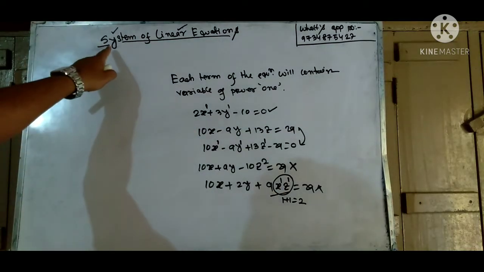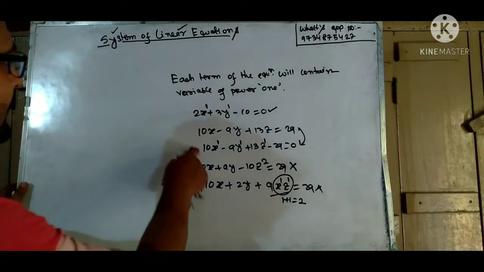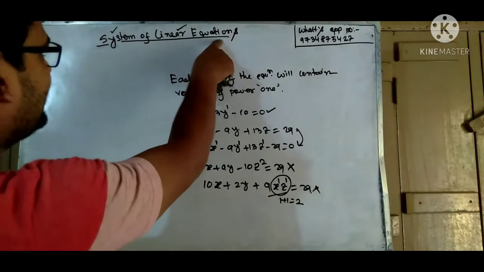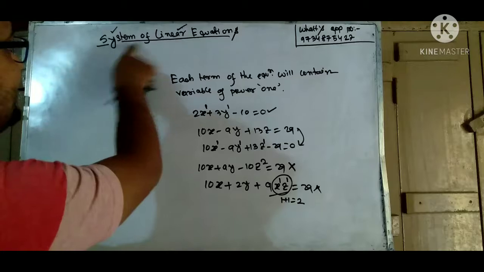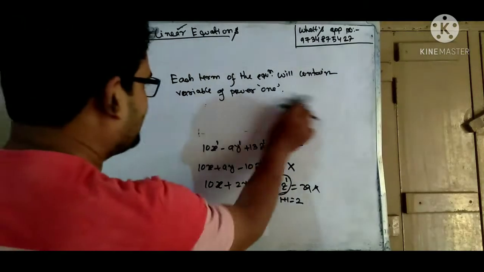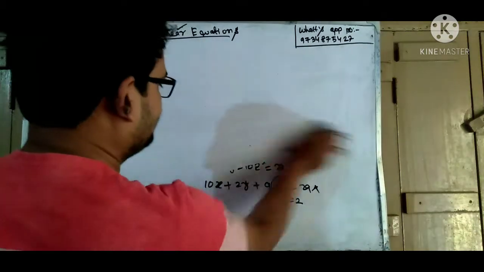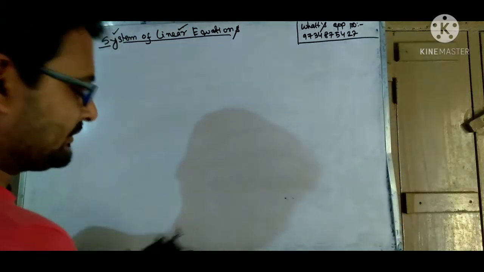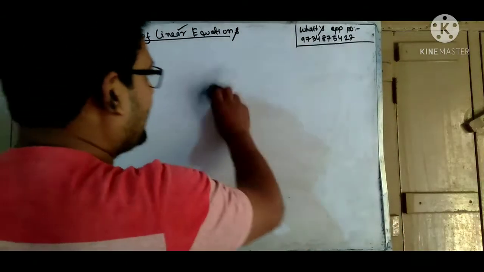Now, what is the system of linear equations? We here discuss only linear equations. System of linear equations means if linear equations occur more than one.